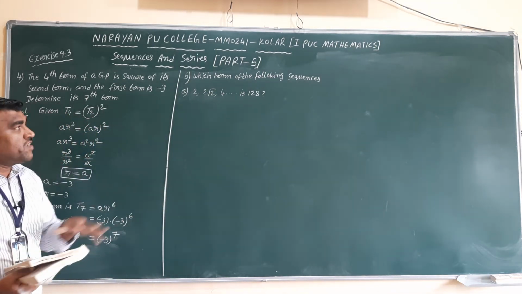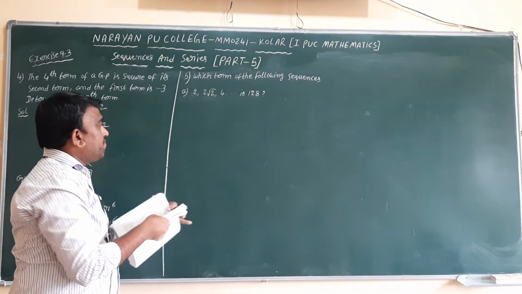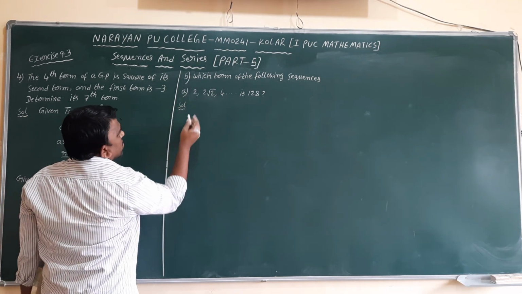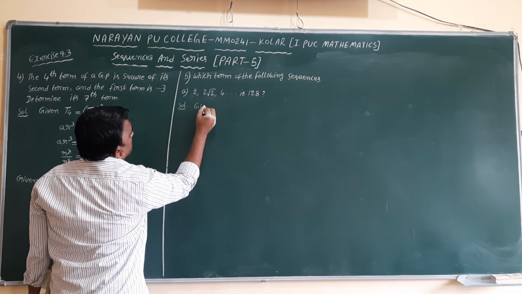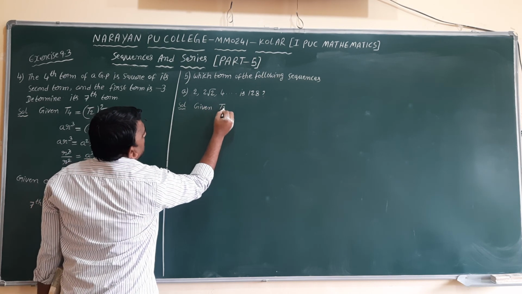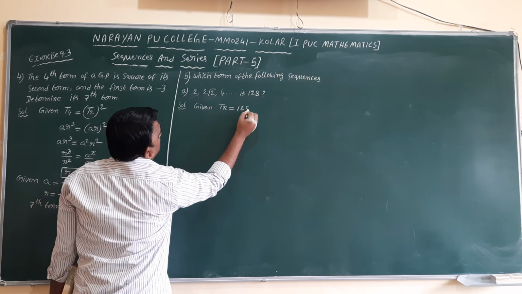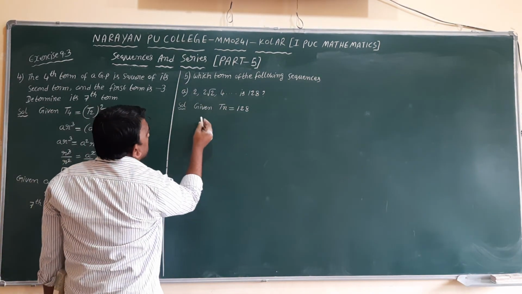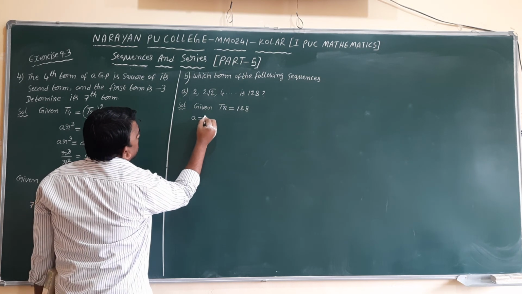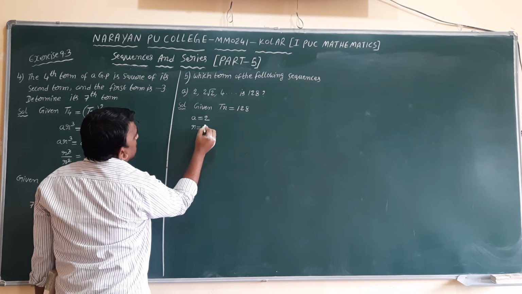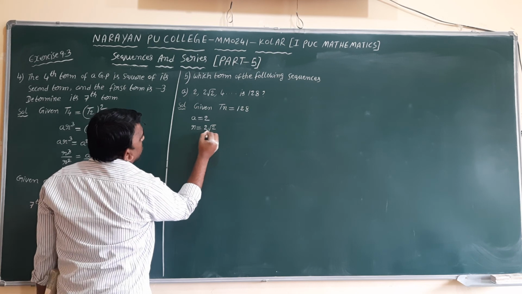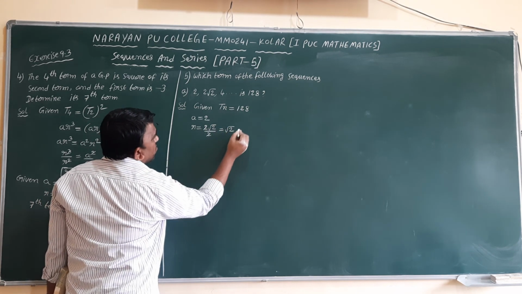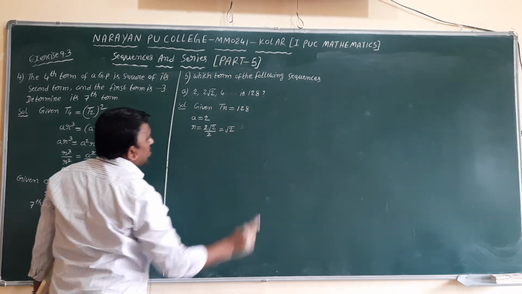So which term of the sequence is 128? That is the meaning of that. Given Tn equal to 128, nth term is given. What is n? That is the question. So it is in GP. A value 2. Common ratio is second term divided by first term, 2 root 2 by 2. 2 cancels. Root 2 is positive only. Here no negative.